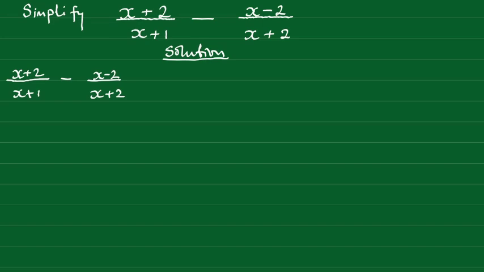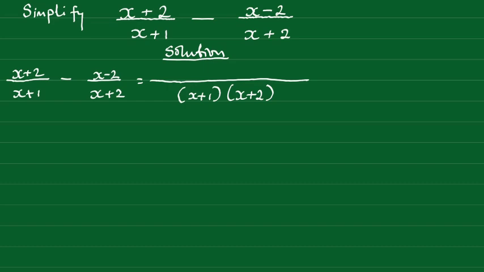Since they are different terms, the LCM becomes (x + 1)(x + 2). So we proceed to solve this, and we have our LCM (x + 1)(x + 2).